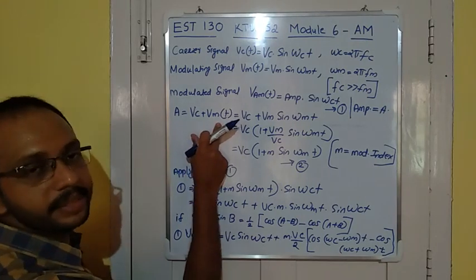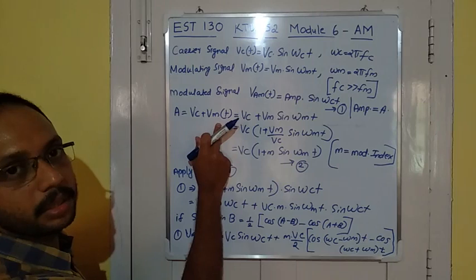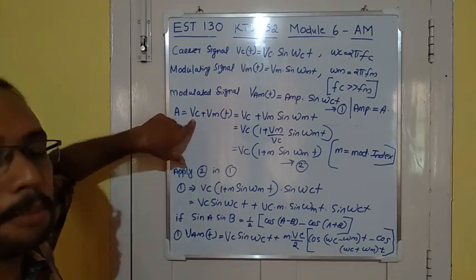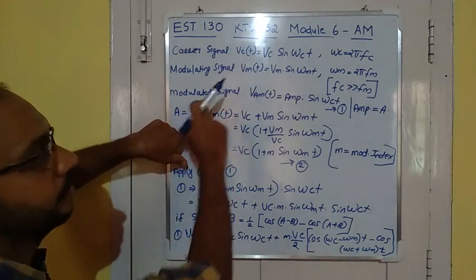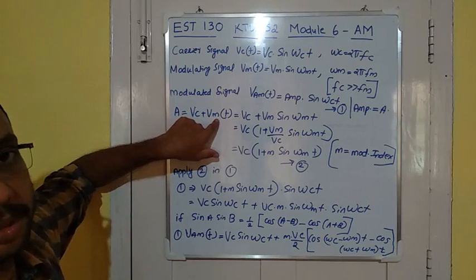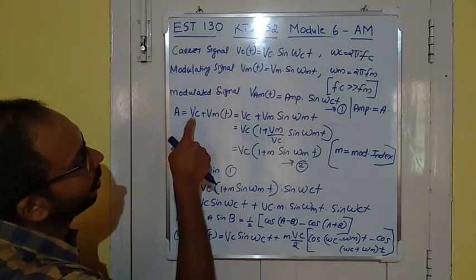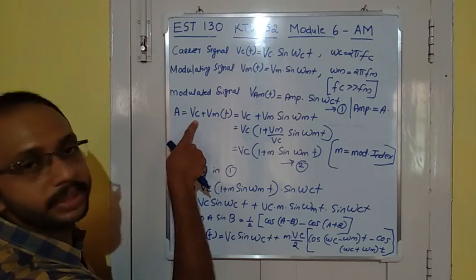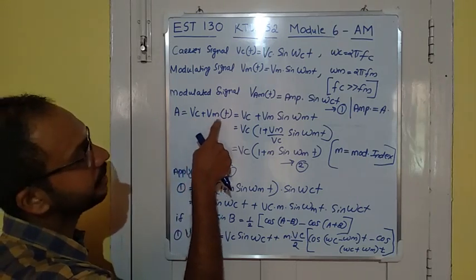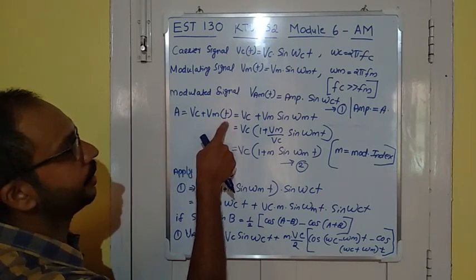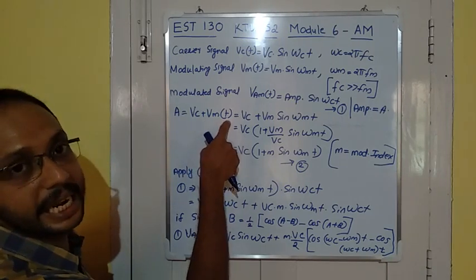So how is this AM wave generated? A modulating signal is superimposed onto a carrier signal. So the amplitude of this modulated signal is equal to Vc plus Vm of t. That means the property of a carrier signal is varied with respect to the instantaneous amplitude of the modulating signal. That's why we have taken Vm of t, the instantaneous amplitude.